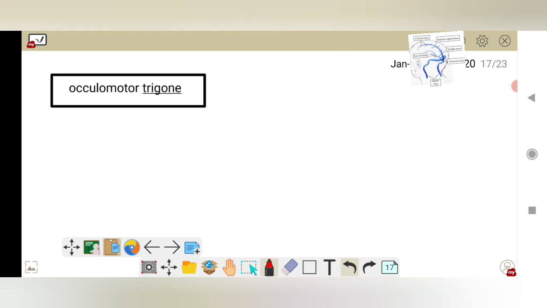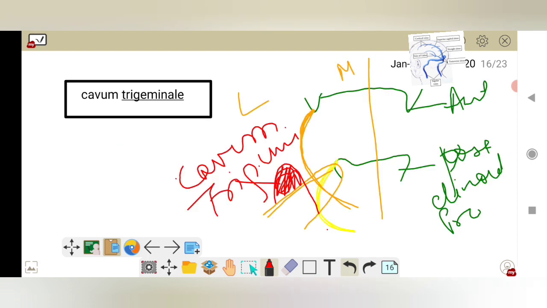Now, one more term related to this area is the oculomotor trigone. Oculomotor is related to the oculomotor nerve, that is cranial nerve 3. In front of this crossing, this cavum trigeminale lies lateral to the crossing.